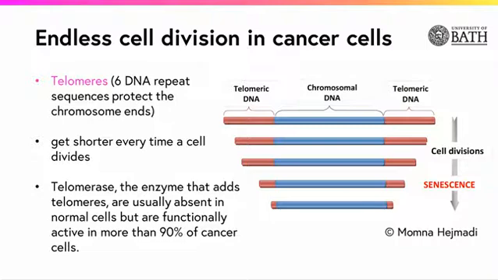Immediately after birth, most somatic cells in the human body switch off the telomerase, except in certain stem cells and in certain cases in cancer cells. A vast majority of cancer cells show the presence of an active telomerase. It suggests that one of the reasons why cancer cells can divide endlessly is because of the presence of an active telomerase.